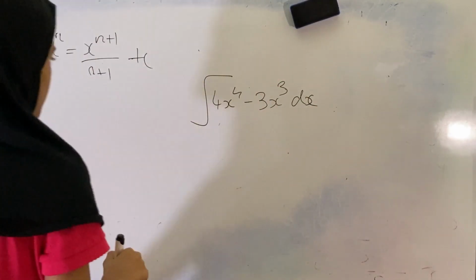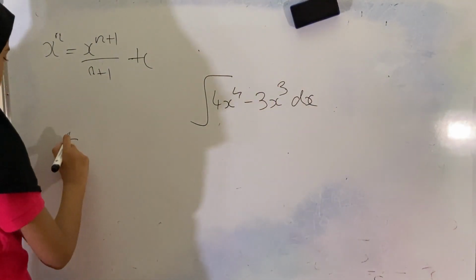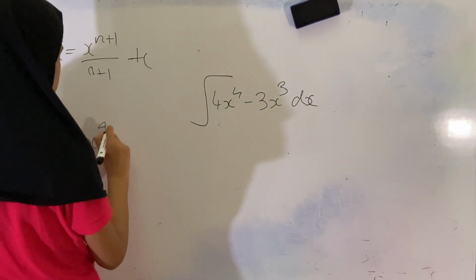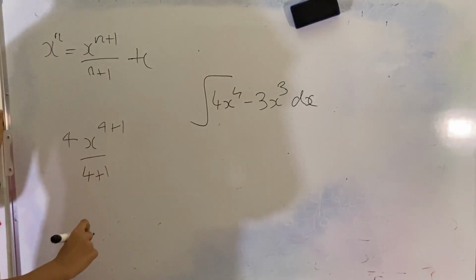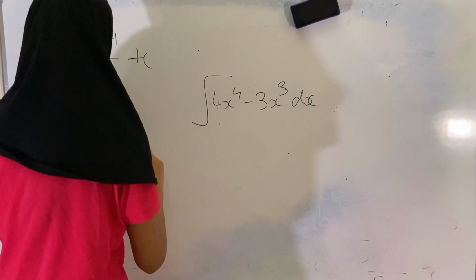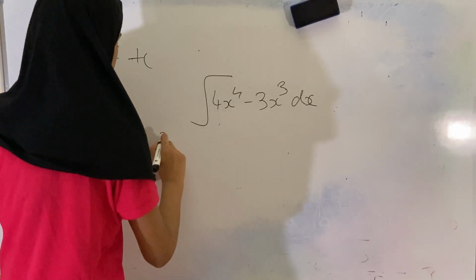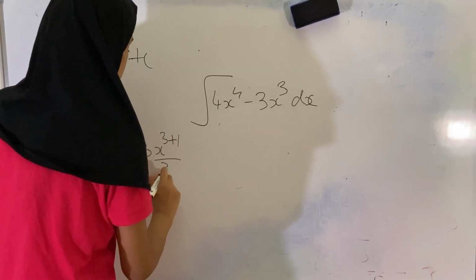So 4x raised to 4 plus 1 by 4 plus 1 minus 3x raised to 3 plus 1 by 3 plus 1.